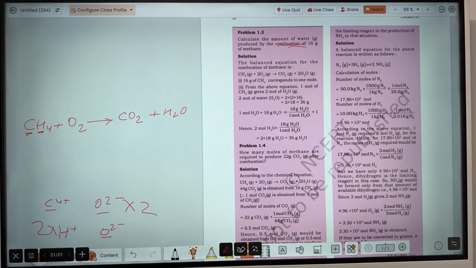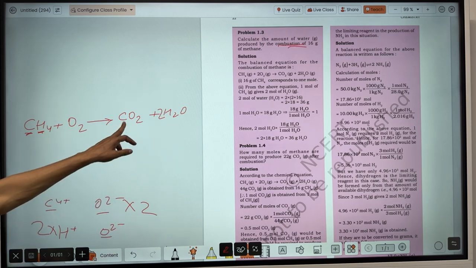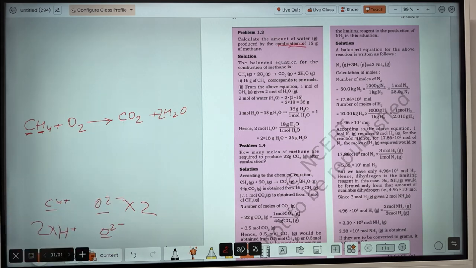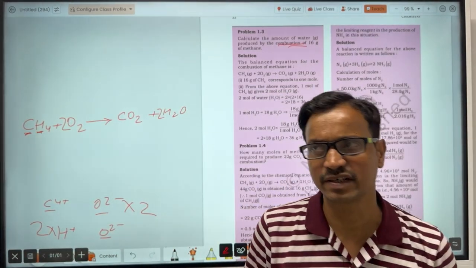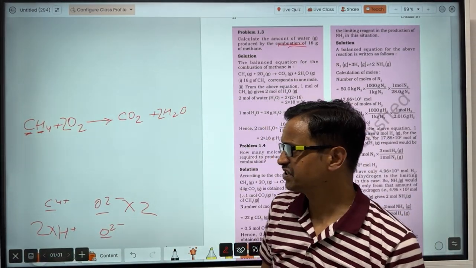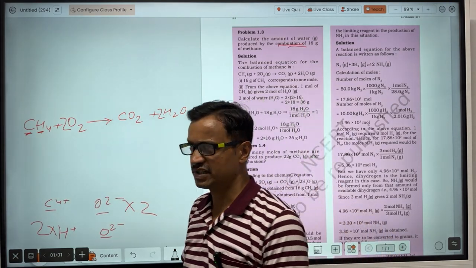Now balance them here. Here 1 carbon, so 1 carbon. 4 hydrogen, so here will be 2. Balance the oxygen. Here 2 oxygen, here 2 oxygen, 4 oxygen, so here 2. So this is the balanced chemical equation when the combustion of methane takes place. Watch out here.